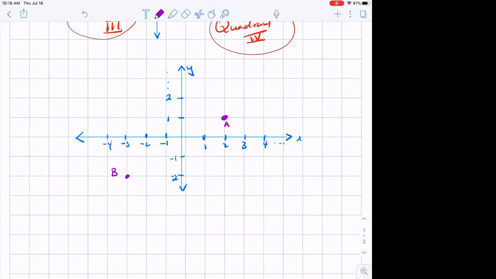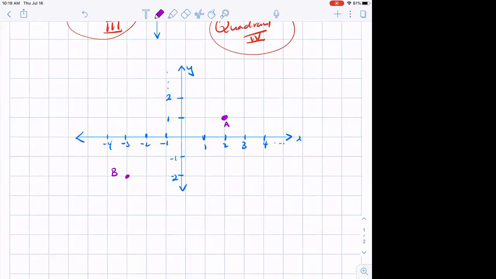So you should be able to tell me where is point A. Suppose I ask Jennifer that question. Suppose I say I'm at point A. Where am I, Jennifer? Quadrant 1. I'm in quadrant 1, very good.